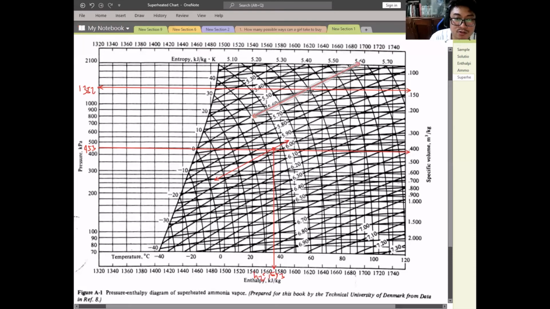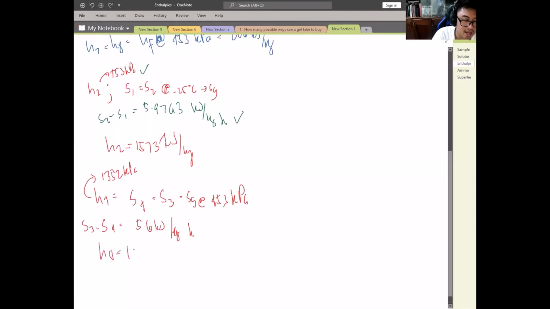And our H4, mukhang sumakto rito sa linya na to, no? Okay. That is approximately 1620, okay? 1620. Yeah, that is our H4. So lagay natin dito, no? So H4, 1620 kilojoule per kilogram.